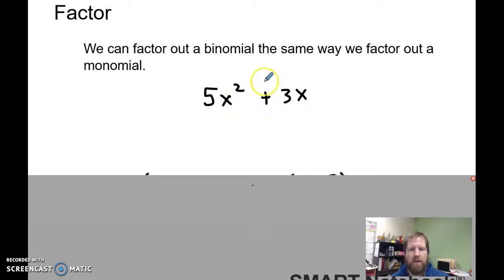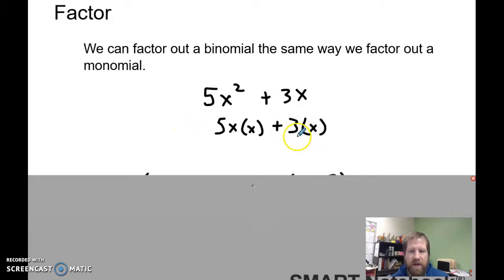One step that I often don't take, but can help to illustrate what we're doing, is to change this, instead of 5x squared, to 5x times x, and instead of 3x we have 3 times x.